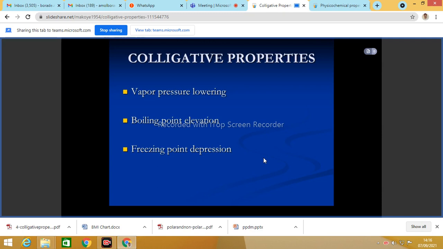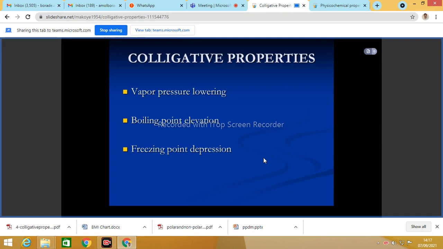So this changes the original boiling point of the solvent, and this whole phenomenon should be considered as an example of colligative property.